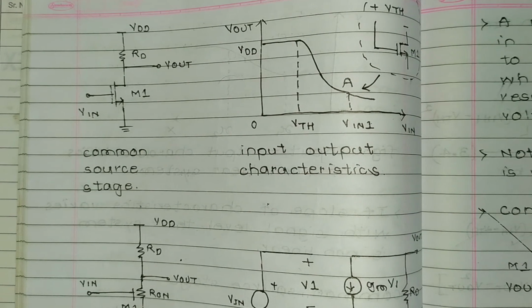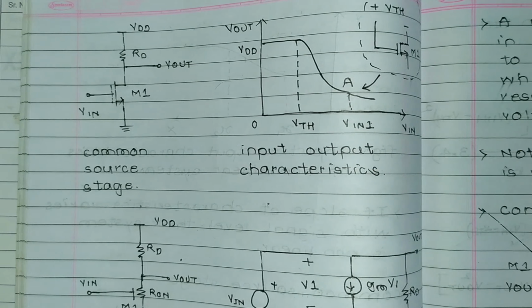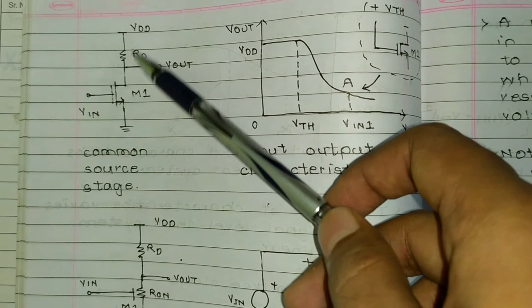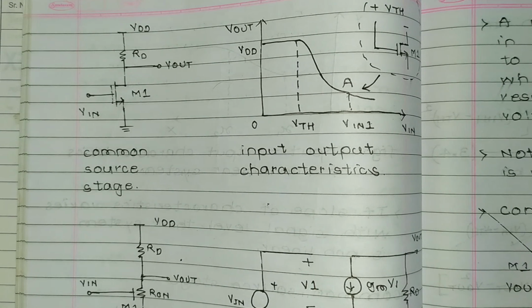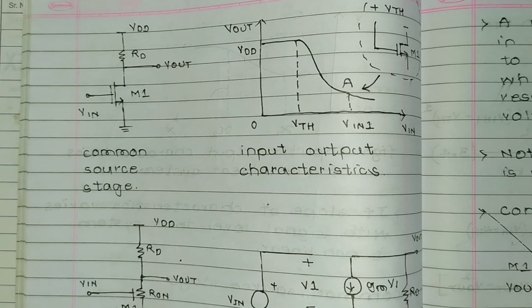The drain current passes through a resistor to generate the output voltage.